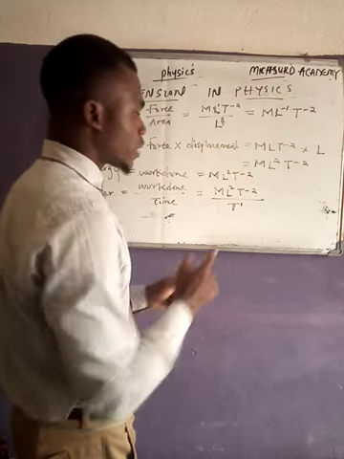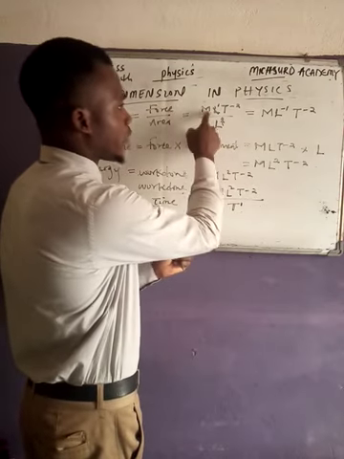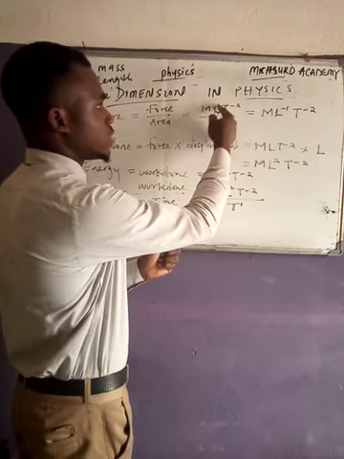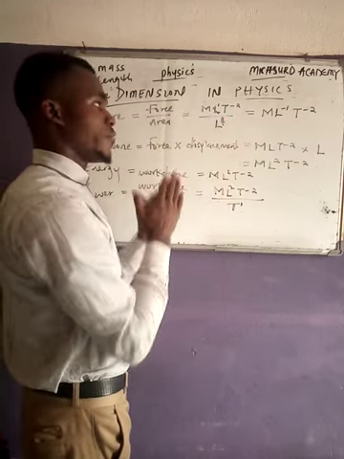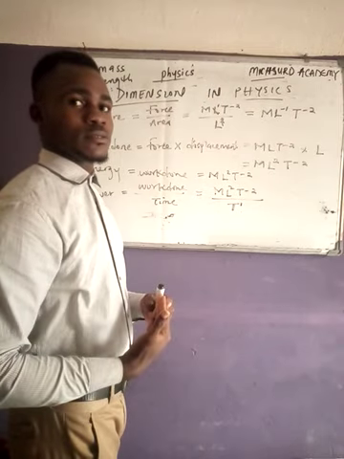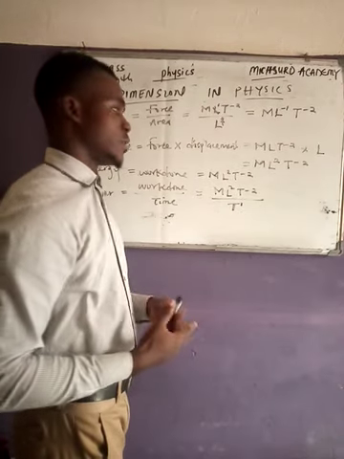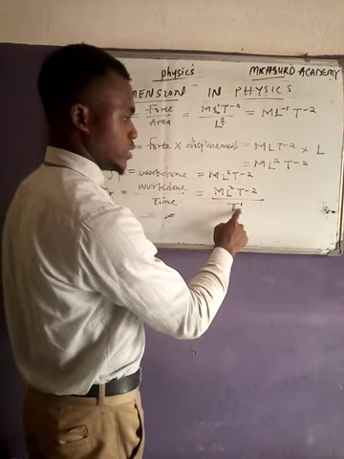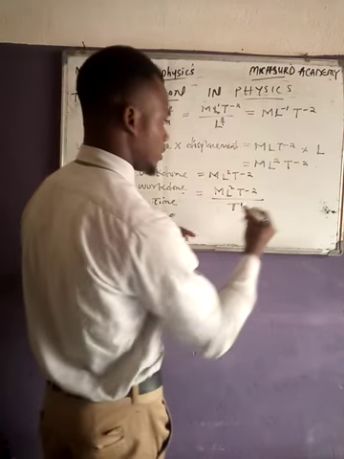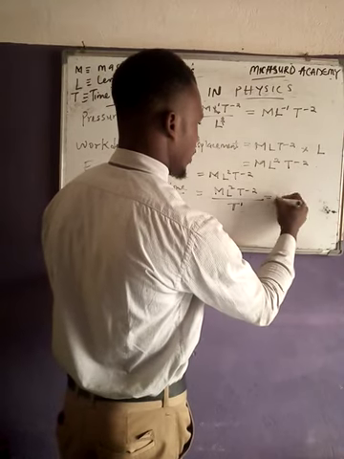So you can't cancel out, just like we cancel out for these two. It is because the powers, they are positive and positive, so we are free to cancel out. Are we together? But this is negative and this is positive. So what you simply do is this. We have ML squared.